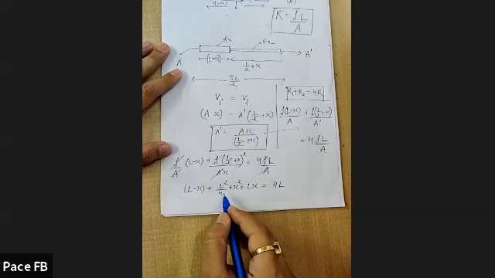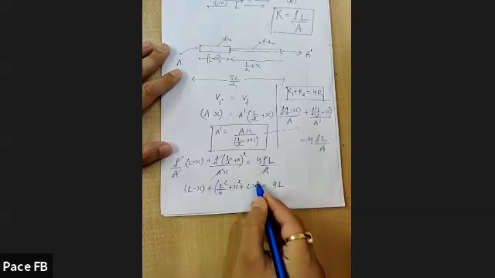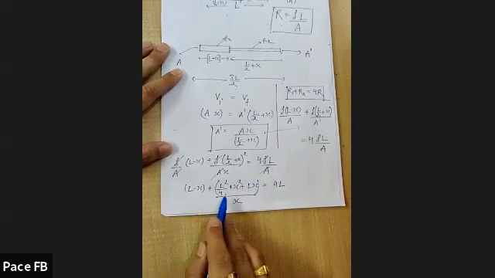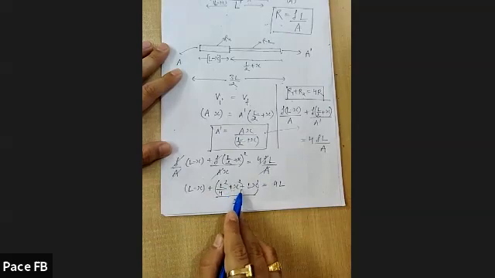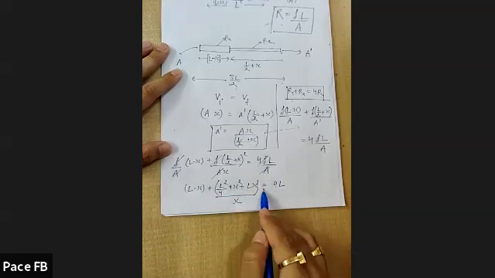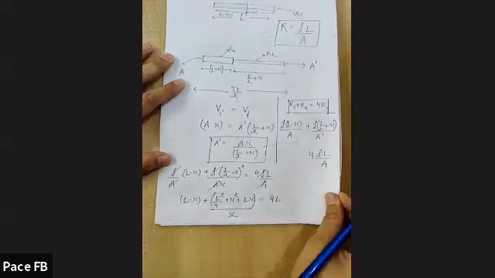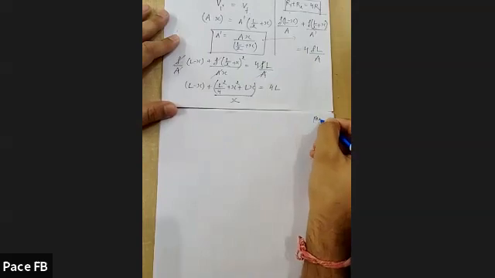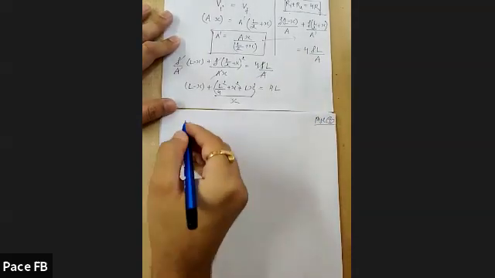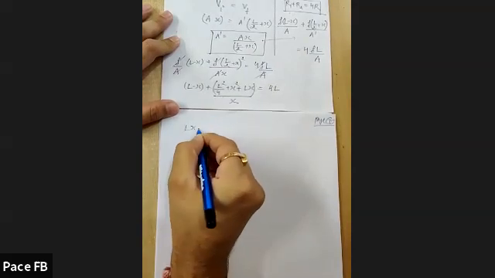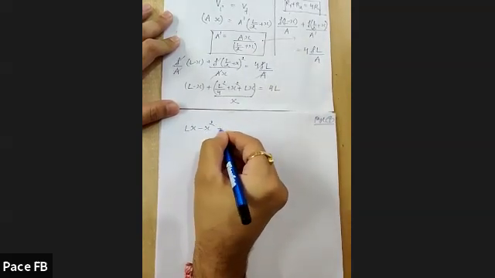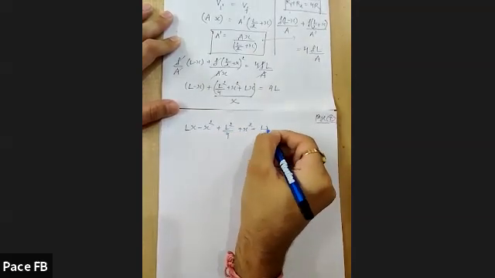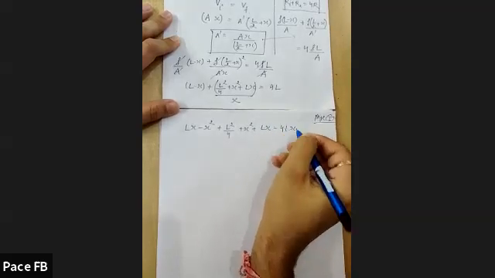X is also there. See, this whole upon X: L minus X plus L square by 4 plus X square plus LX upon X is equal to 4L. Further solve this equation to get the value of X. So this would be LX minus X square plus L square by 4 plus X square plus LX is equal to 4LX.